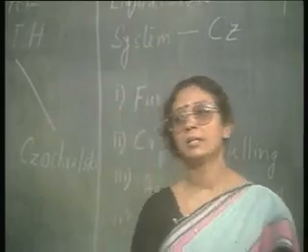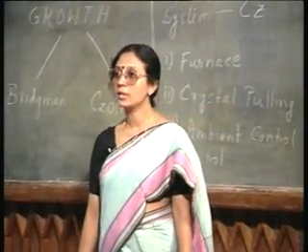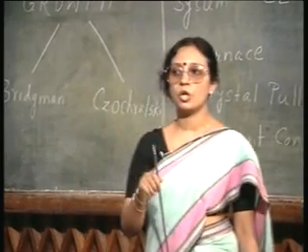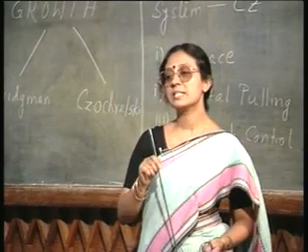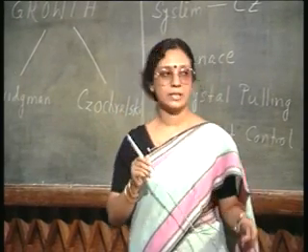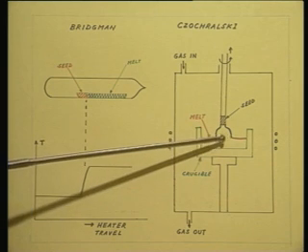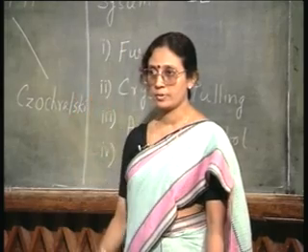After the charge is molten, it is uniformly in the liquid state, then the pull rod is gradually lowered till the seed crystal touches the melt surface. This is the point, till the seed crystal touches the melt surface, and then very slowly the pull rod is pulled up.